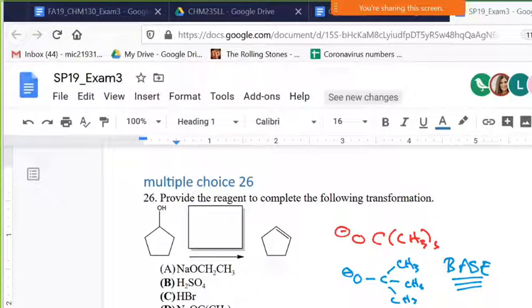But wait, there's more. We need to pause and consider and evaluate what we're looking at and how we're approaching this. So what do I mean? Bases deprotonate or remove hydrogens from acids. Which hydrogens do they remove?